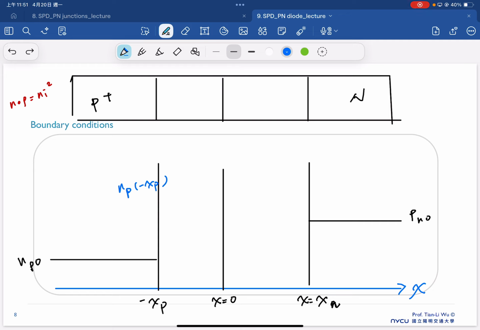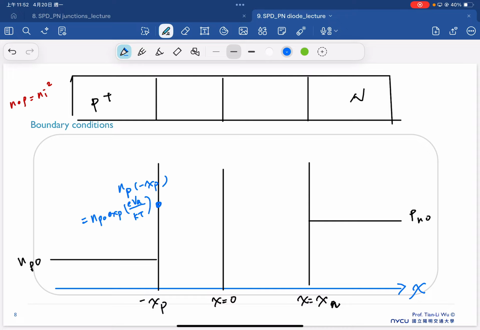For the later illustration, it's better that we write it this way. NP at this boundary should have NP0 exponential EVA over KT, which is this one.